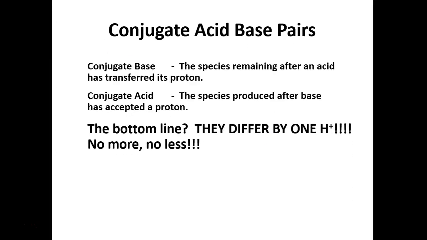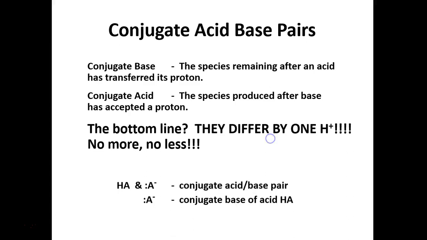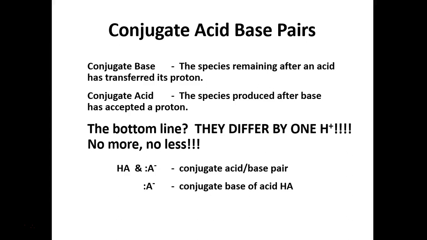All right, so conjugate acid-base pairs will only differ by one hydrogen ion. No more, no less. And you'll actually see a lot of questions, like a multiple choice, that asks which of these four pairs are a conjugate acid-base pair? And the answers to those questions are really obvious because the pair will only differ from each other by one hydrogen.